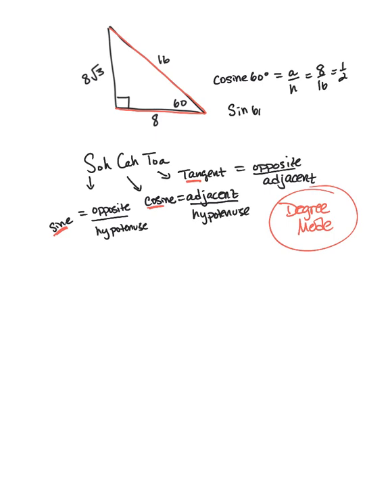So sin of 60 would be opposite over hypotenuse. So that would be 8 rad 3 over 16. So this is adjacent, this is hypotenuse, this is opposite.